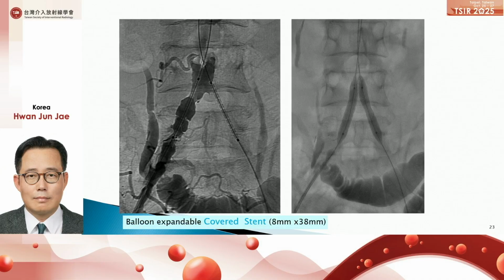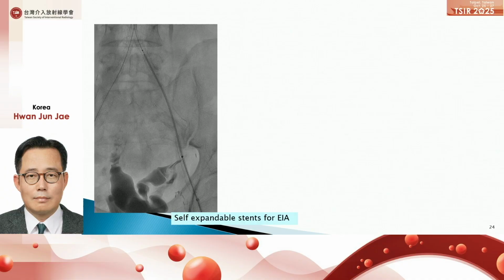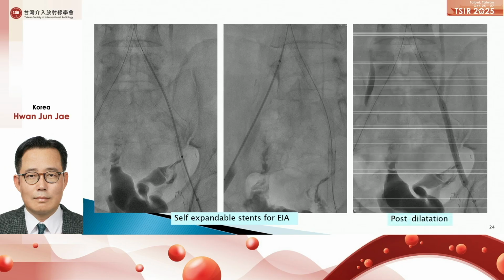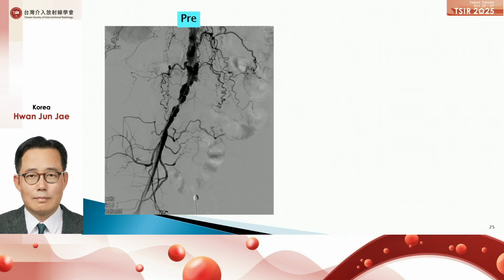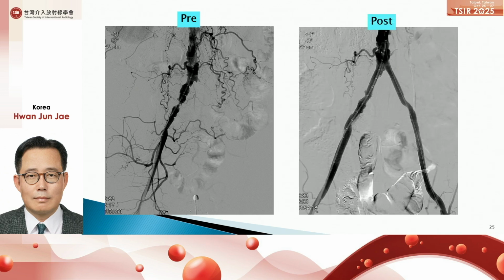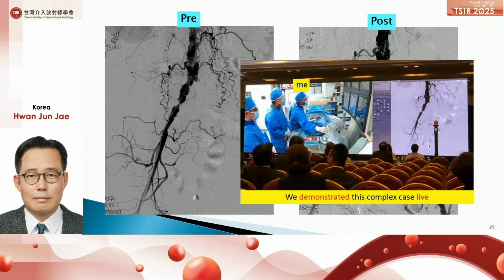Here we performed the kissing stent technique with two balloon-expandable covered stents. The other part of the external iliac artery was covered by a self-expandable stent like this, and post-ballooning was done. This is the pre-image, and this is the post-image. Actually, we performed this complex case at a live symposium within 1 hour.